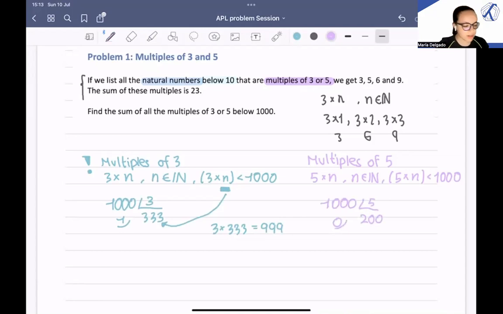We can just subtract 1 from this n that we have found. 200 minus 1 is 199, and 5 times 199 is equal to 995, and 995 is below 1000. It's the highest multiple that we can get below 1000, because the other one, 5 times 200, is equal to 1000, which is not below 1000.